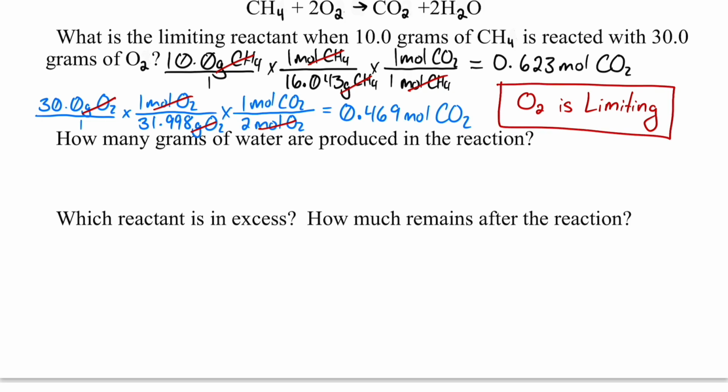The second question says, how many grams of water are produced from this reaction? Well, since we know O2 is the limiting reactant, that means the amount of O2 is what is controlling the amount of each product. So what I'm going to do is take my 30 grams of oxygen and convert it to grams of water. Again, if you want to know how much of a product is produced in a reaction, we have to start from our amount of the limiting reactant.